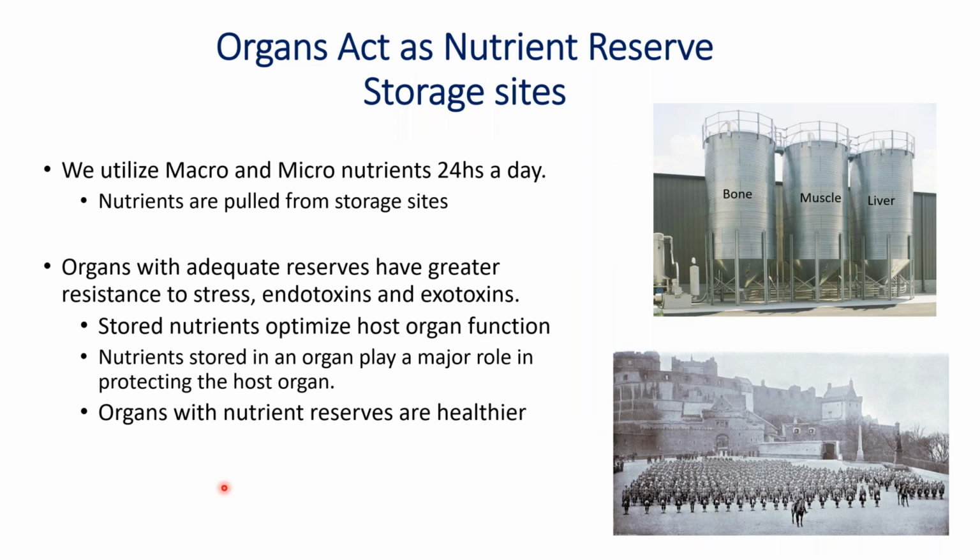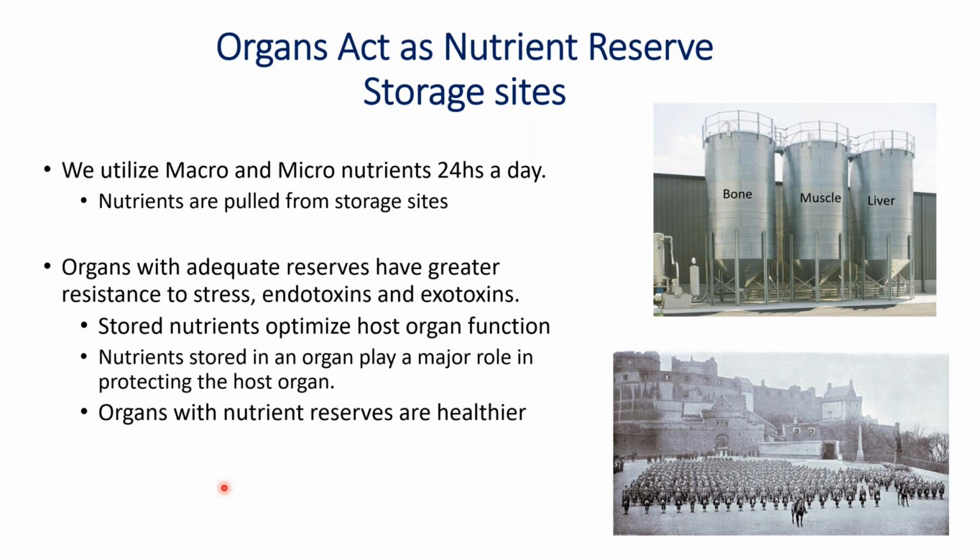So we're using these macro and micronutrients 24 hours a day, and if those nutrients aren't there in the system, especially because of a genetic SNP that requires more nutrients to get the same job done. If we're working at 40% capacity methylation, our methylation process essentially has to work 2.5 times harder to get the same job done.